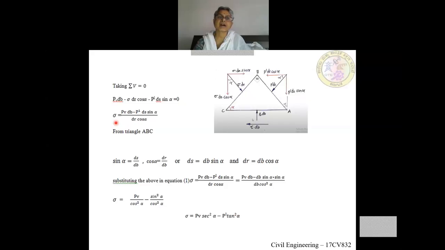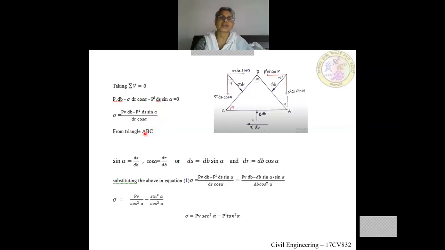So sigma is equal to, you can take out this sigma, we want sigma, principal stress. So if you take out sigma, it will be PV into dB minus of P dash ds sine alpha divided by dr cos alpha.